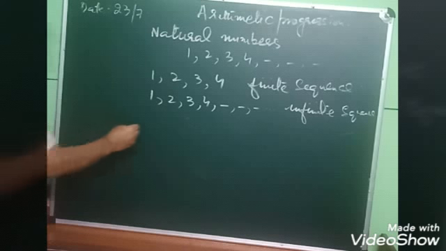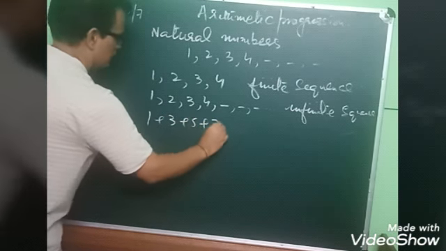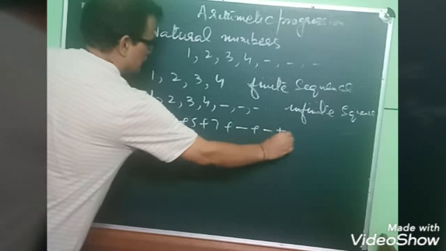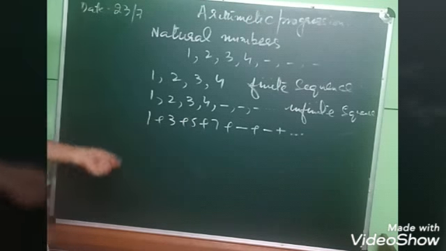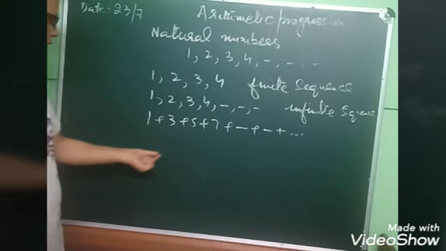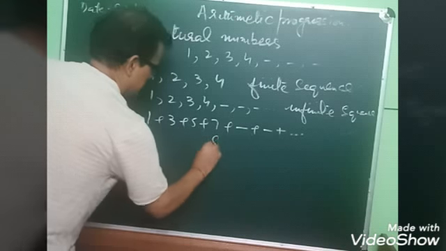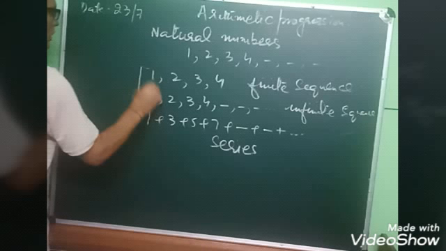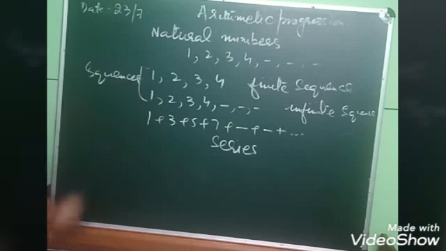Now another type we are having: 1 plus 3 plus 5 plus 7 plus dash and so on. This becomes a series when there is a sign of addition in between. This is called series, S-E-R-I-E-S, and these two are sequences, S-E-Q-U-E-N-C-E-S.